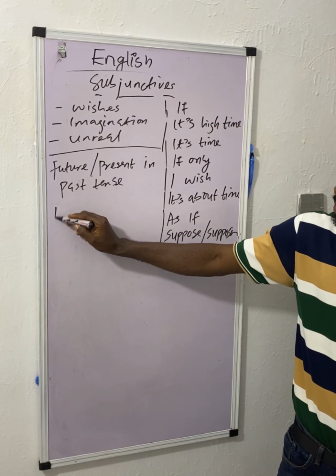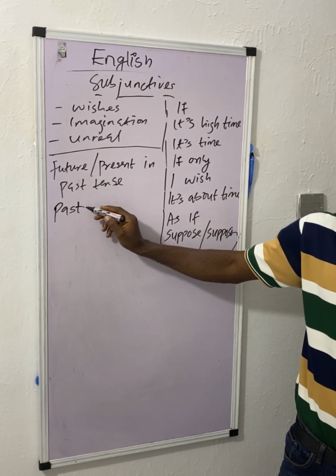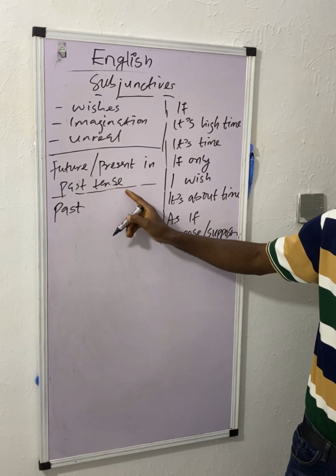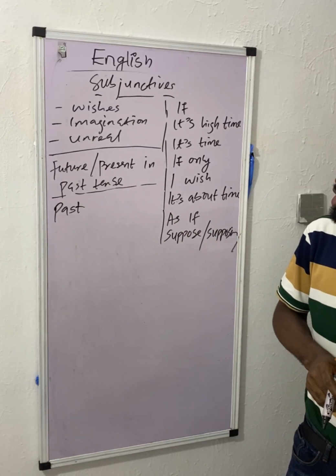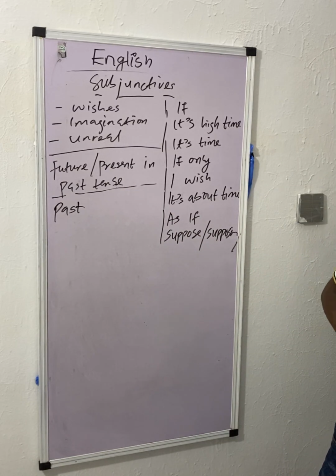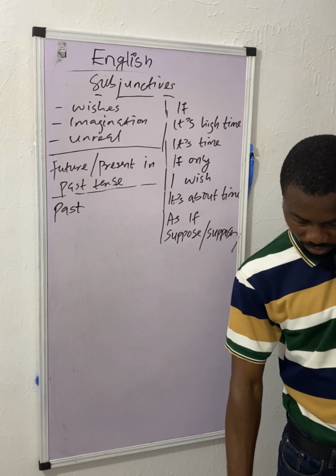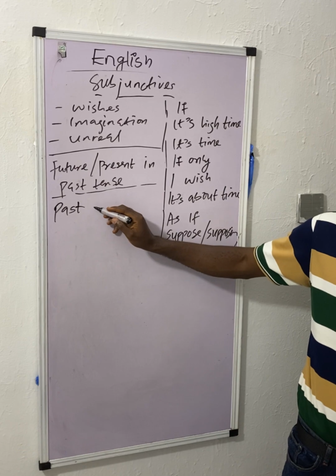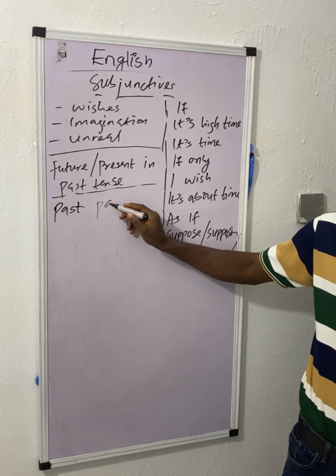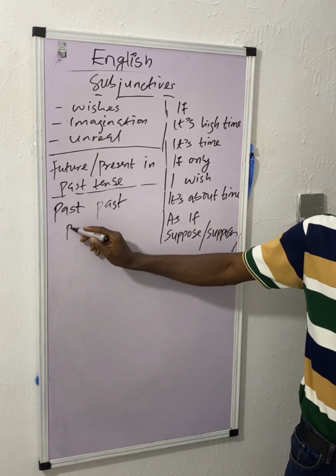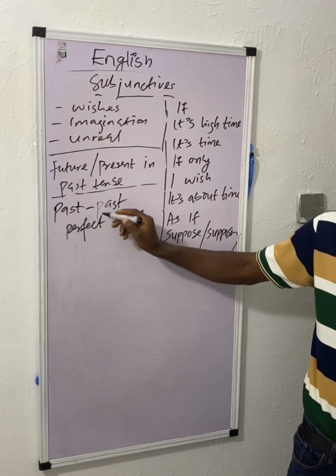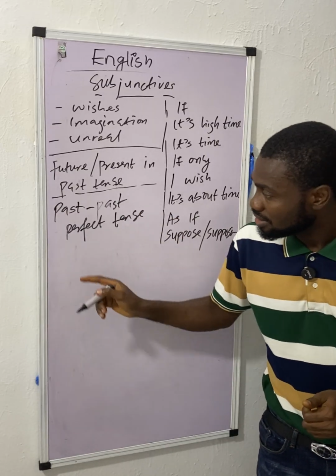When talking about the past, we express that with past perfect tense. Past expressed with past perfect tense. So you express what happened in the past with past perfect tense.